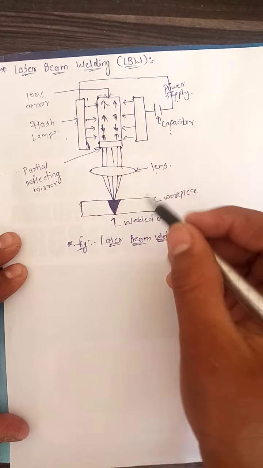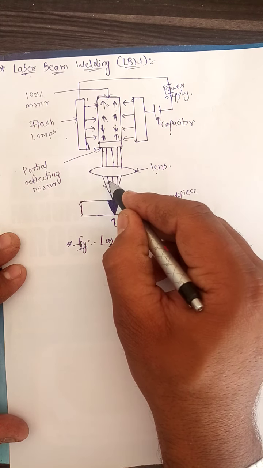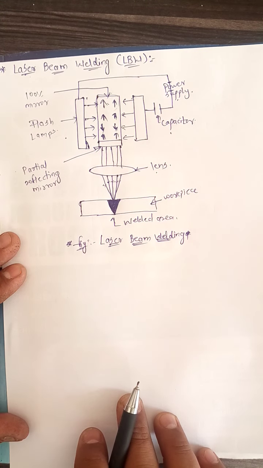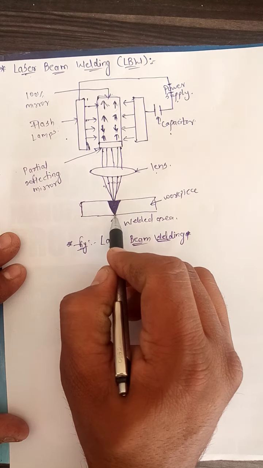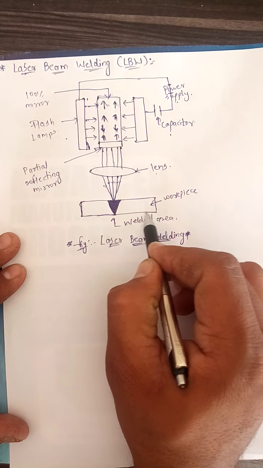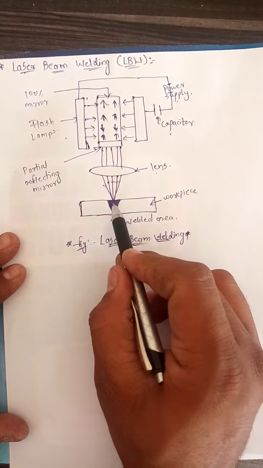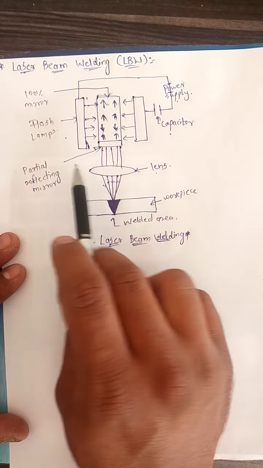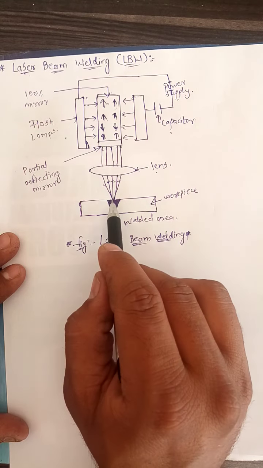Due to this lens, they are focused on one point that is to be welded. This workpiece has two parts, and in between we have to weld this by means of photons focused by the lens.